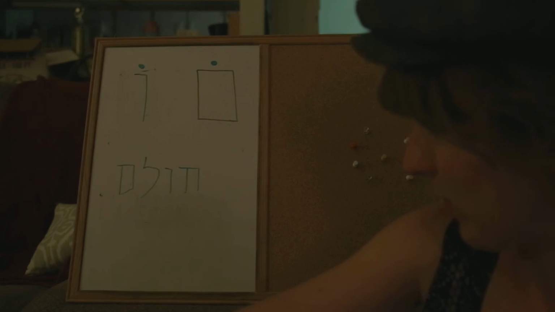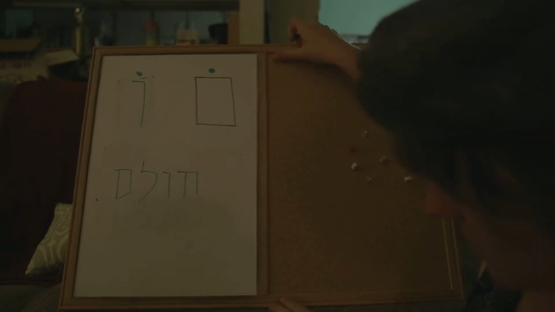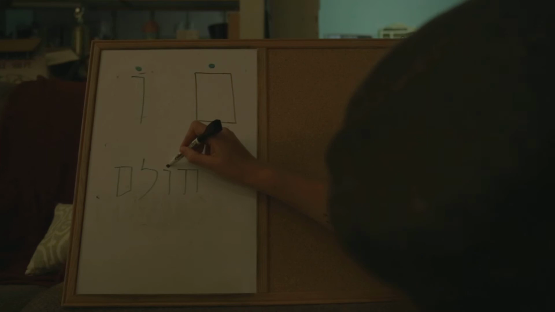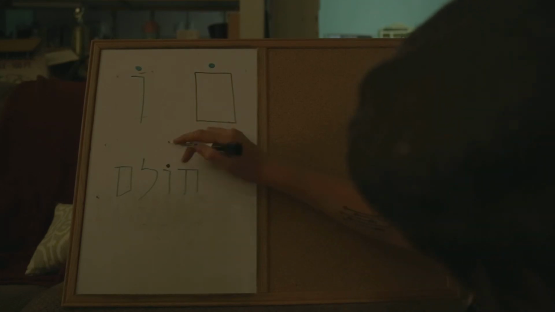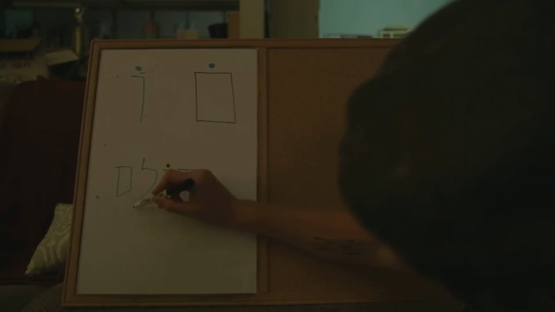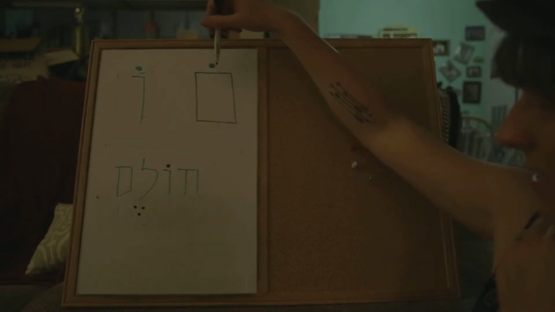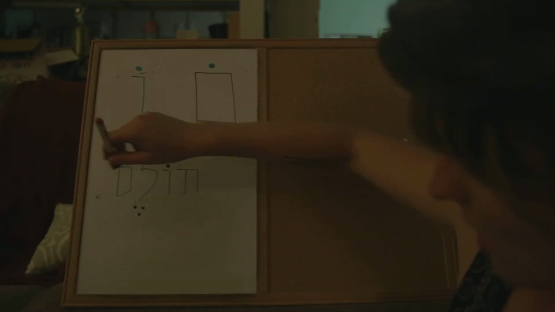I'll put the vowel points in here with black so you can distinguish. Hopefully it's still in focus. I made it focus on the board. So there's your het there, your vav, but the vowel point, or the vowel vav. Cholem, and then this also has a segol in it. Cholem, and that's the name of this vowel point.